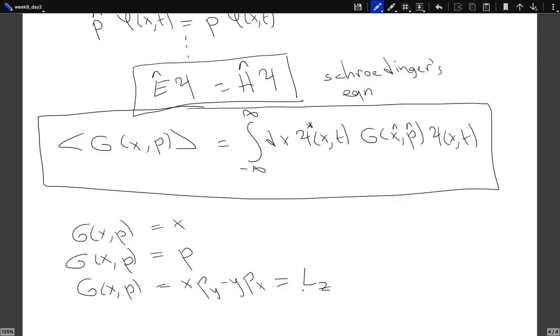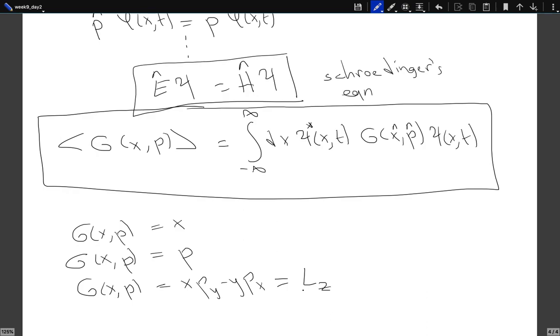The angular momentum. Of course, if you want to define angular momentum, you have to go beyond one dimension, at least two dimensions. You have to have the x and the y components. But the idea is, whatever you have in classical physics, just replace them with the corresponding operators. Everything in classical physics is expressed in terms of momentum and position.